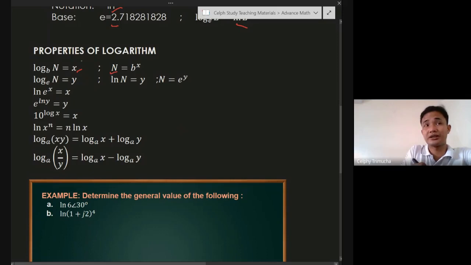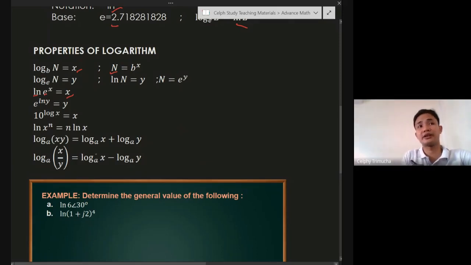Your answer here will be your exponent. So b raised to x is equal to n. Now if our base is e, then e raised to y is equal to n. Next, if you perform two operations that are inverses, ln and e, they will automatically cancel, and only x will remain.